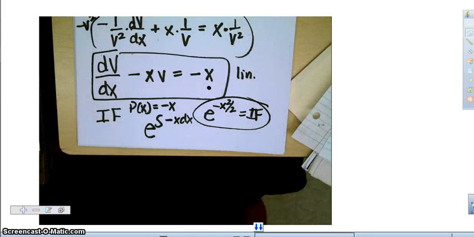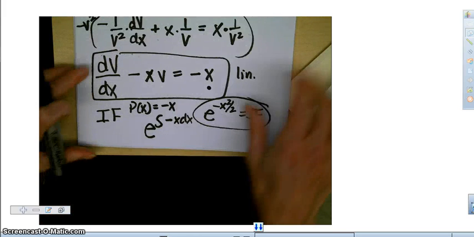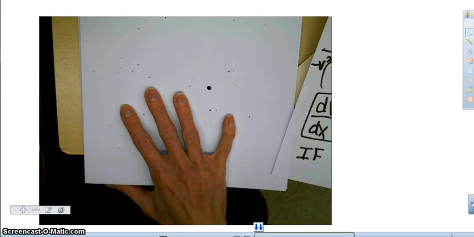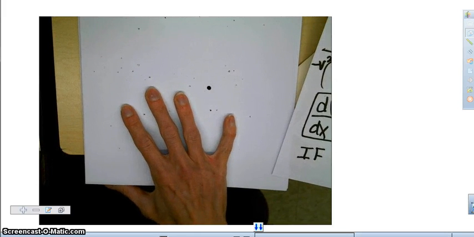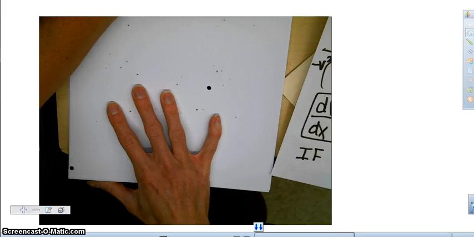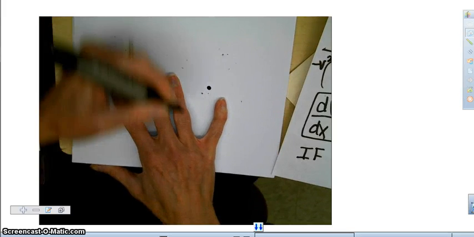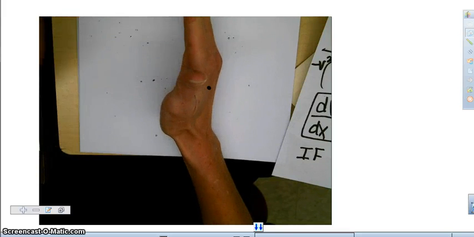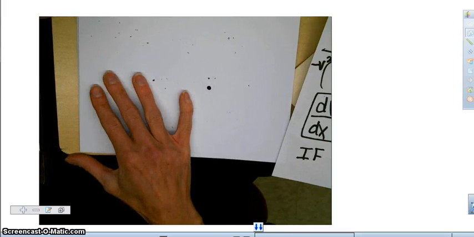What do I do with that integrating factor now? Multiply both sides of my differential equation. I'm going to rewrite the whole differential equation on the next piece of paper. So I have dv over dx minus xv equals negative x. I'm multiplying that whole thing by e to the negative x squared over 2. So the left side, remember I'm just going to write, not even going to multiply it out.